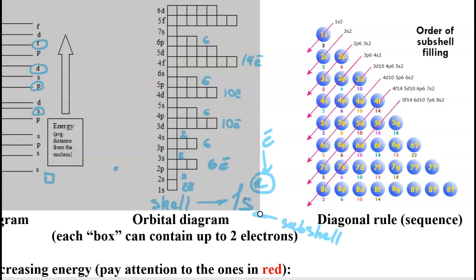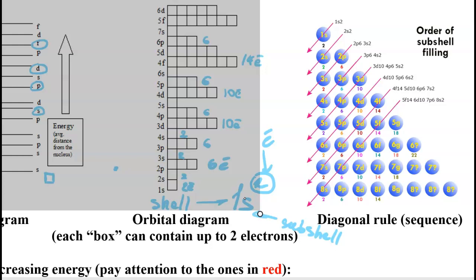Then if it has no place for electrons anymore, the next electrons have to climb to the level with higher energy, which is 2, the second. So the second level starts filling with the s subshell, 2s, then 2p, right?